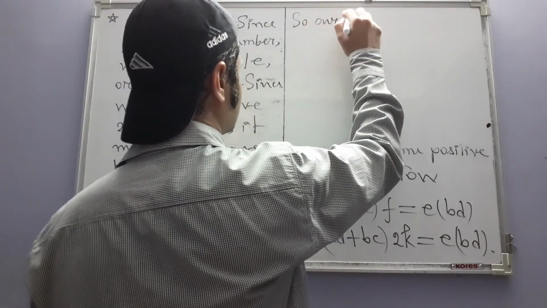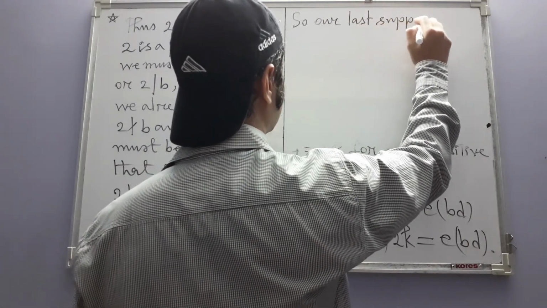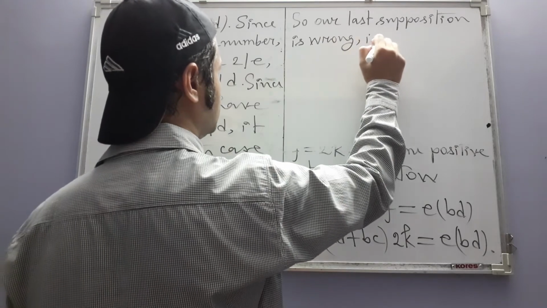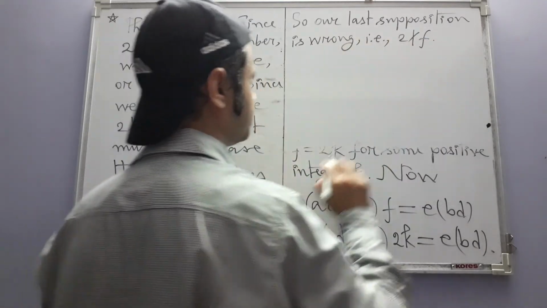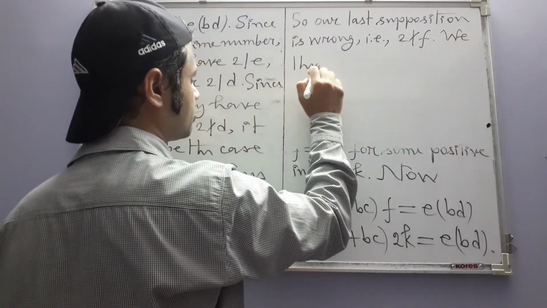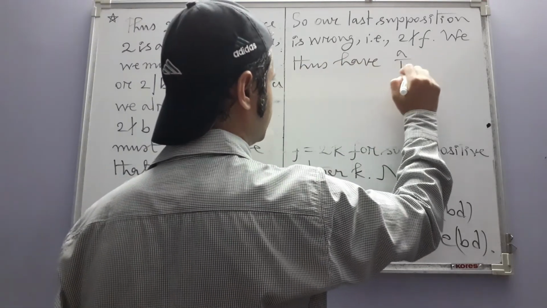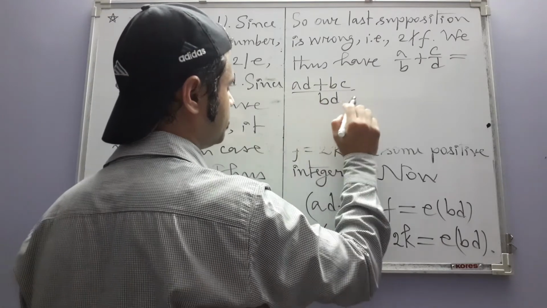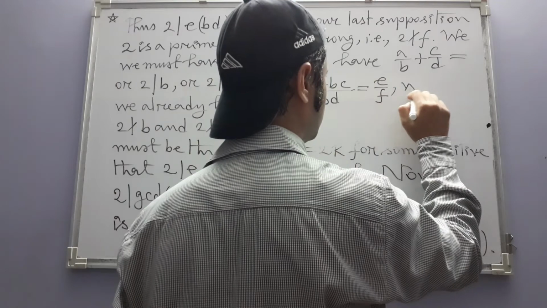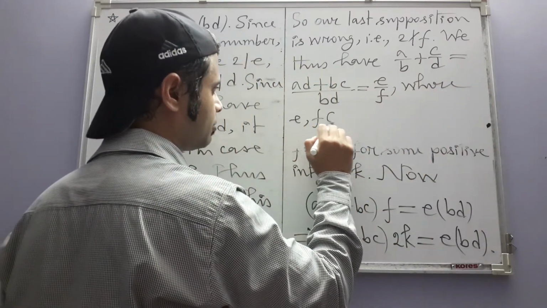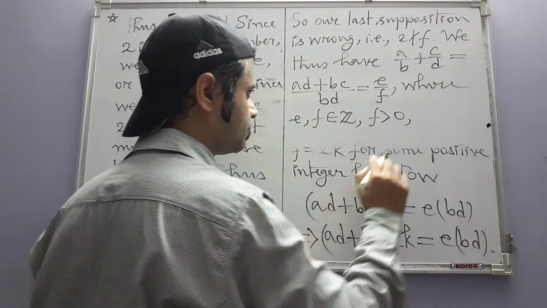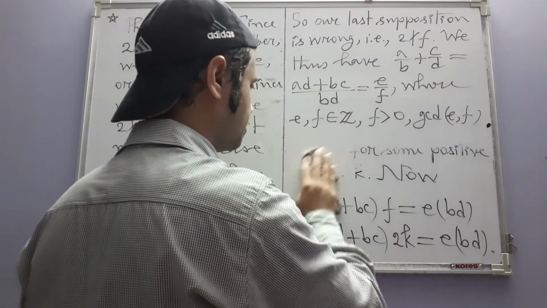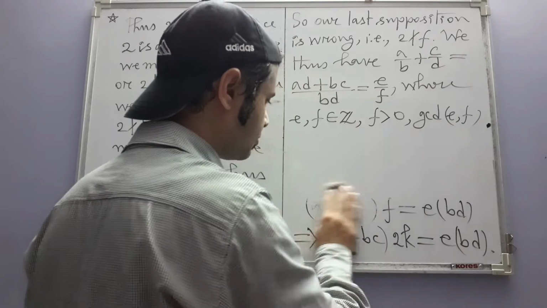So our last supposition is wrong, i.e. 2 does not divide F. We thus have A by B plus C divided by D equal to AD plus BC divided by BD, which is equal to E divided by F, where E and F are integers, F is positive, E and F are relatively prime, and 2 does not divide F. Now we have all the conditions for E by F to be an element of H.